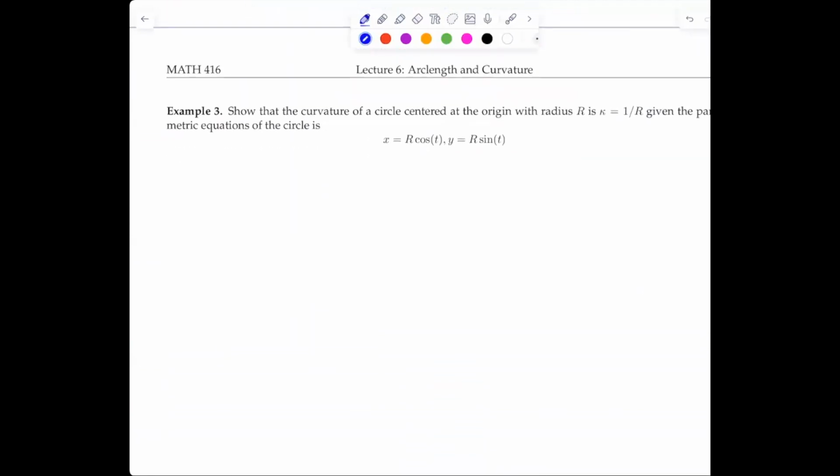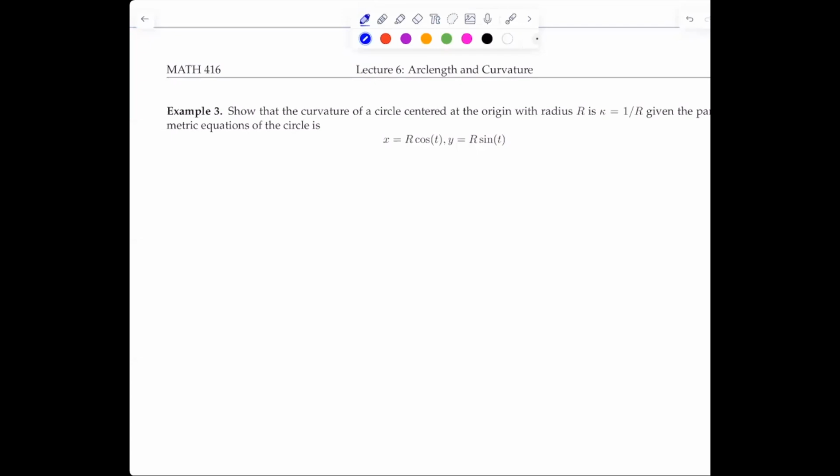For the next example, we're going to utilize the alternative formula for the curvature to calculate the following. Suppose you have a circle centered at the origin with radius capital R, then the curvature of this circle is going to be equal to 1 over R.